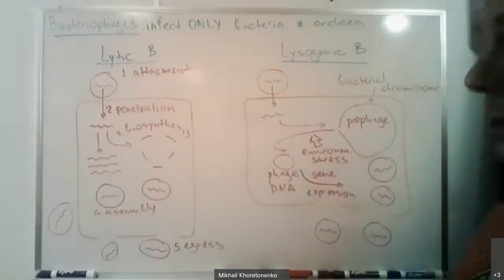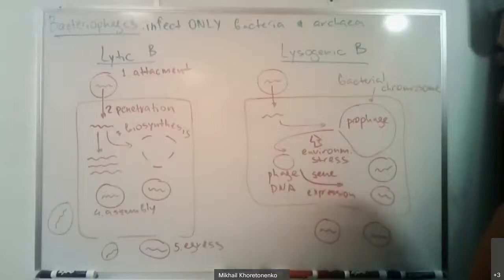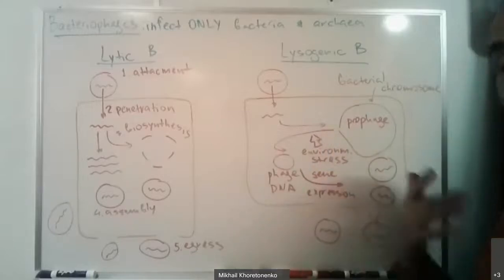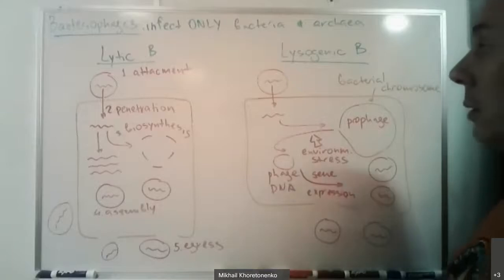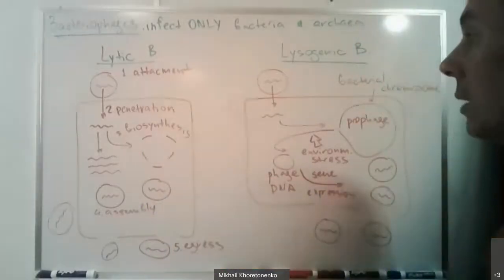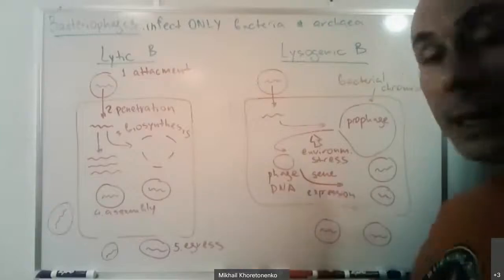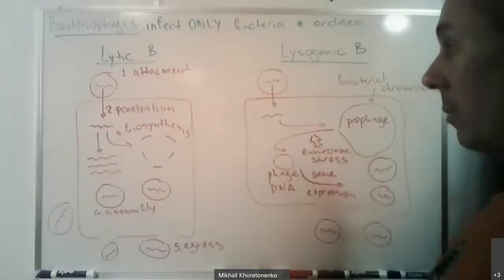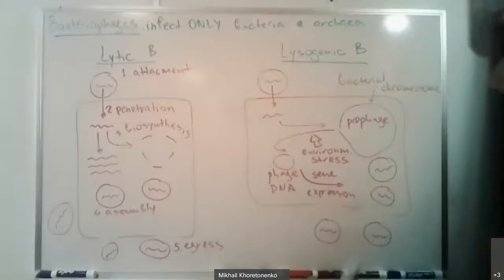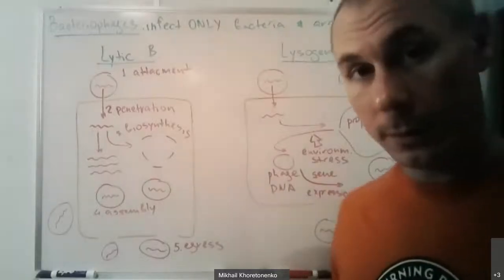So as you can see in this case, phage infection also results in lysis, but this lysis is postponed. So the difference between the lytic and lysogenic bacteriophage basically is that in the case of lysogenic bacteriophages, bacteriophage DNA gets incorporated into the bacterial chromosome, and the cell death, the lysis, is postponed.